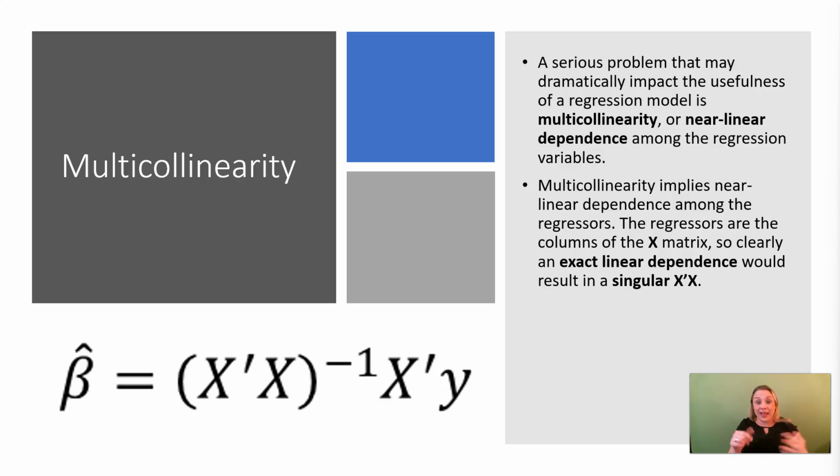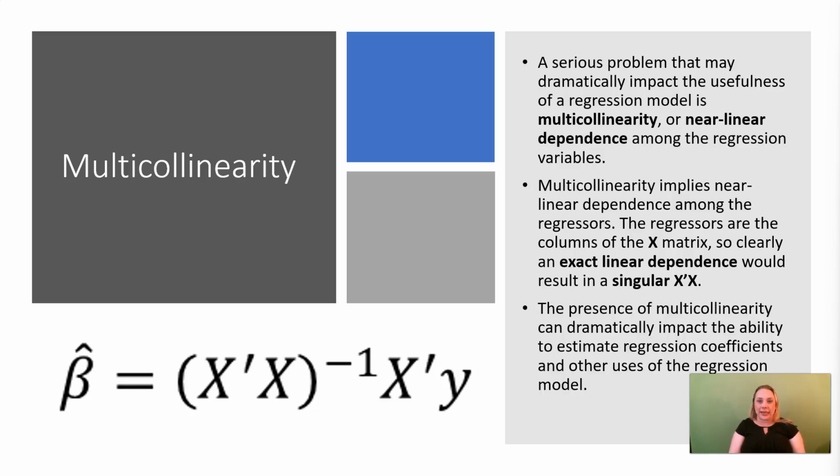Multicollinearity is going to imply that we have a near linear relationship between two different x variables. And so that gives us something that we need to look at when we're looking at our data sets, because the presence of multicollinearity can dramatically impact our ability to estimate and predict new values.